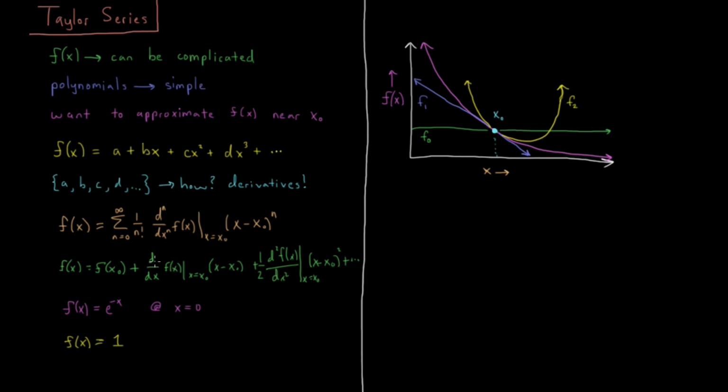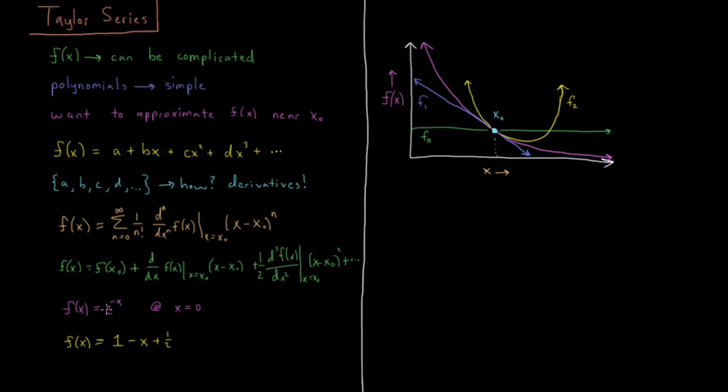Plus the first derivative of it, which is minus e to the minus x. The first derivative evaluated at 0 would be minus 1. So this would be minus 1 times x minus 0, which is minus x. Plus, we have 1/2.